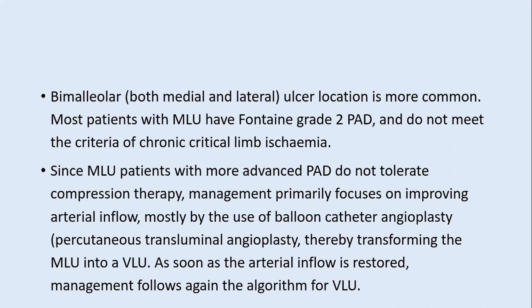treatment becomes a little difficult. The management primarily focuses on improving the arterial flow, mostly by use of balloon catheter angioplasty, by percutaneous transluminal angioplasty, transforming the mixed leg ulcer into a venous leg ulcer.